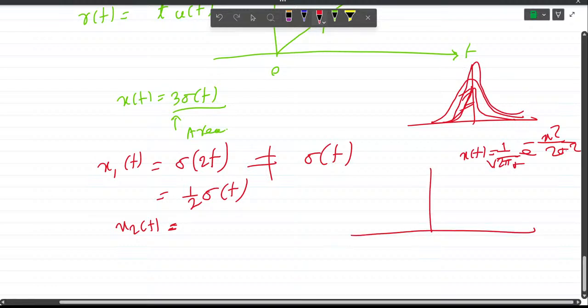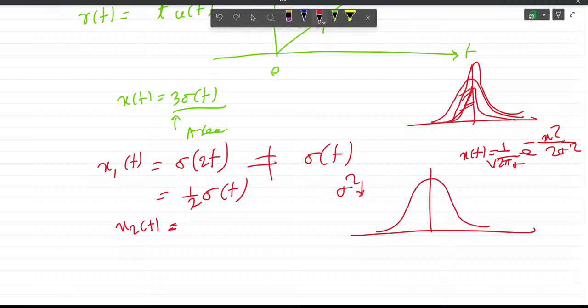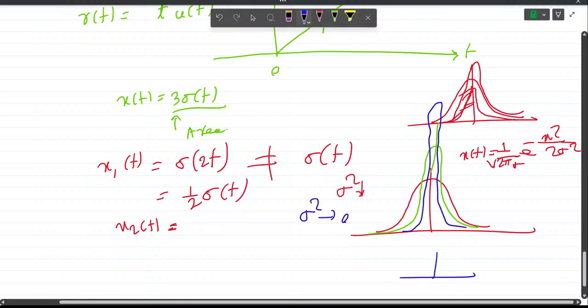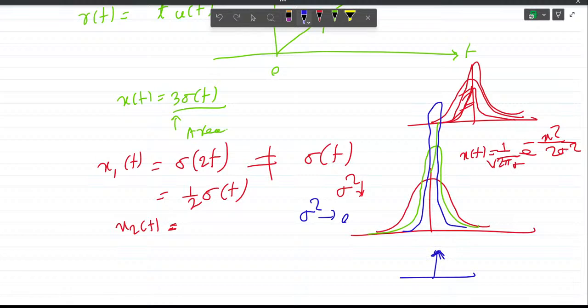Initially you have this distribution; now you decrease the variance, it will be like this, and decrease again. When the variance tends to 0, it will be represented as a spike, but the area remains 1.